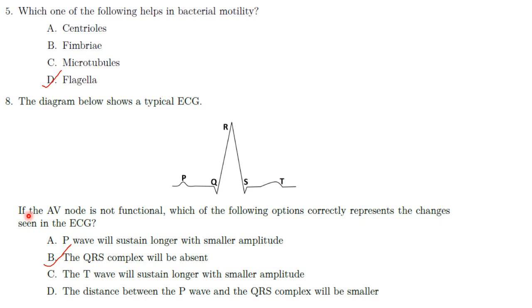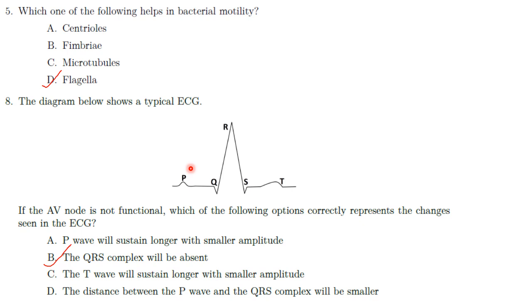Now if we want to know the functioning of the heart, we have to take an ECG. Then what does this P wave represent in the given figure? So it is the P wave, and it represents depolarization of left and right atrium, and also corresponds to atrial contraction.